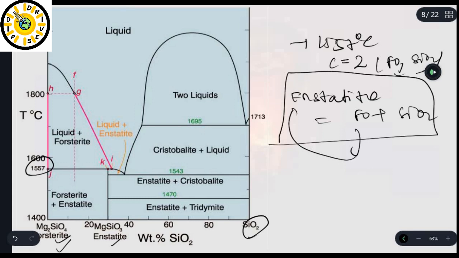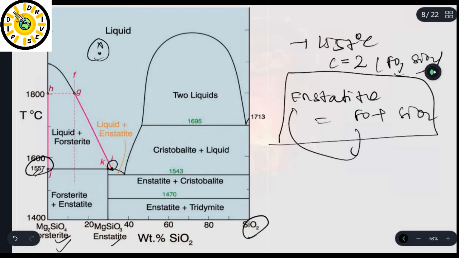So at 1557 degrees centigrade, assume the melt has some composition. If you keep cooling it, when it reaches 1557, the tie line will form.